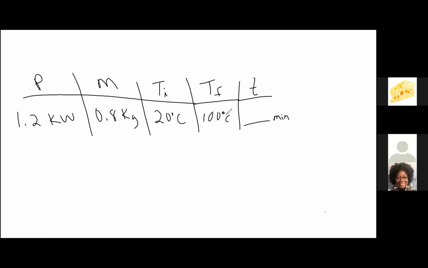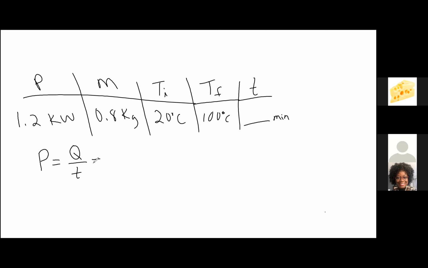So now we're looking for time. And we just saw that power is energy, in this case heat energy, over time. In other words, this is the power consumption. And we want to know how much time it would take to raise the temperature from 20 degrees to 100 degrees.